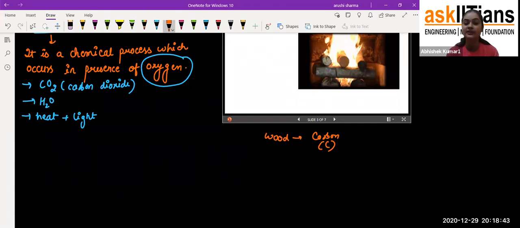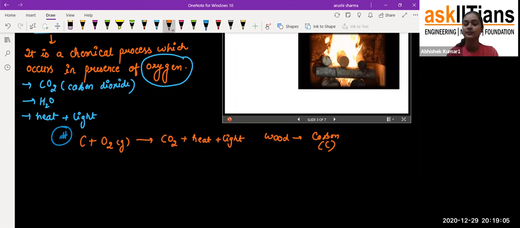So if I tell you about the carbon, this is the carbon, C, plus oxygen. Oxygen is a gas which we get from our atmosphere, and then we get carbon dioxide along with heat and light. Now this reaction is called the combustion process. So now you'll come to know what combustion is: in combustion, the substance is burning, and it is generally a substance made up of carbon.